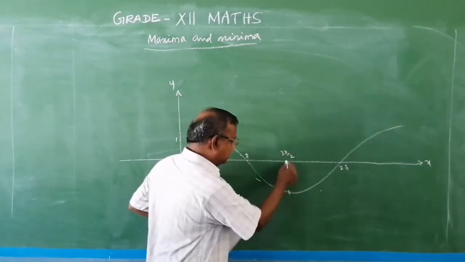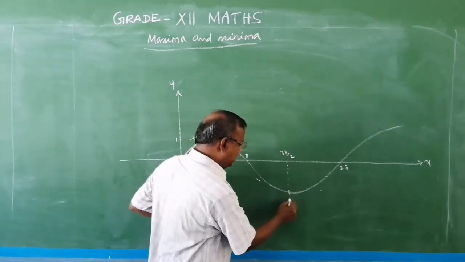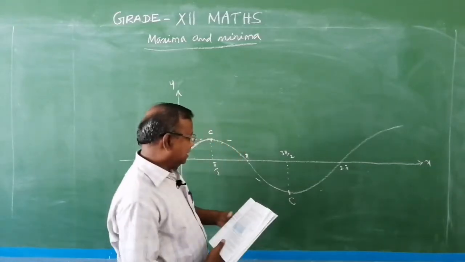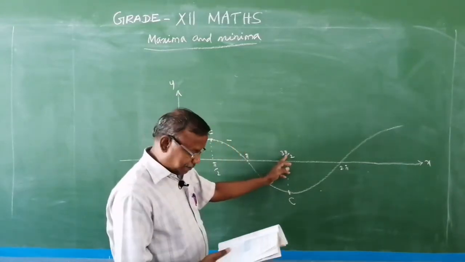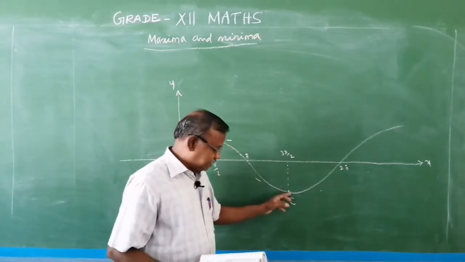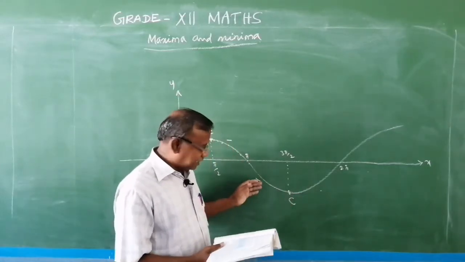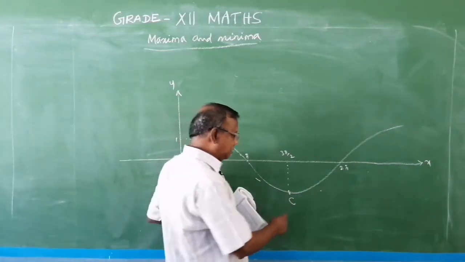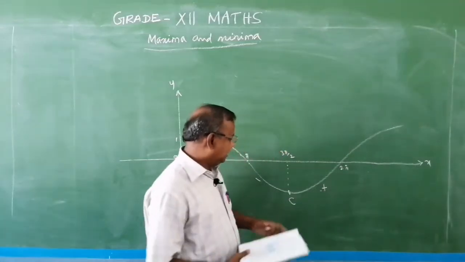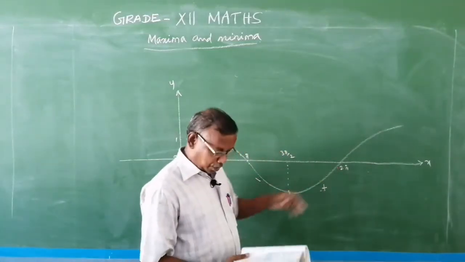Let the point in the curve at x equal to 3 pi by 2 be C. Now, from pi to the point C, the slope is negative, and from C to 2 pi, the curve is increasing because the slope is positive.